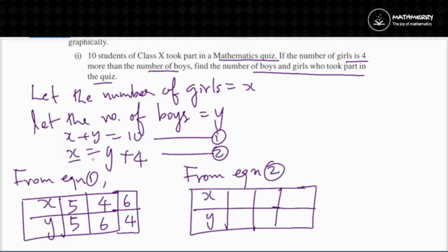When x is 5, y will be 1. So 5 and 1. When I take x as 4, y will be 0. So 4, 0. And when I take x as 3, y will be minus 1. So 3 and minus 1. So these are the points.